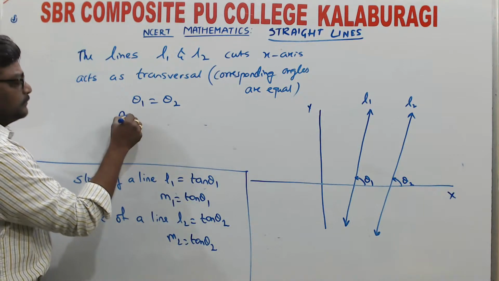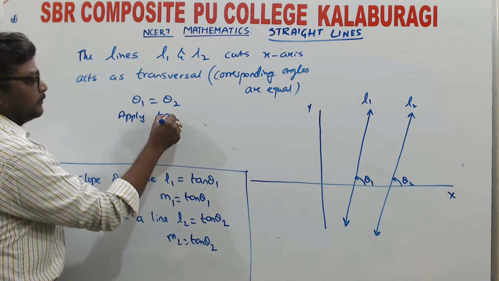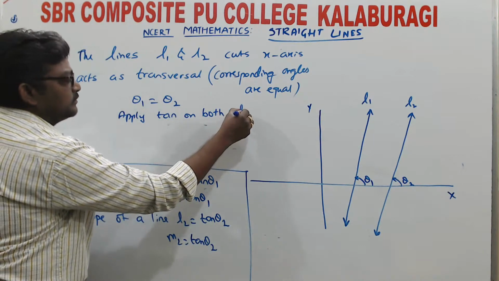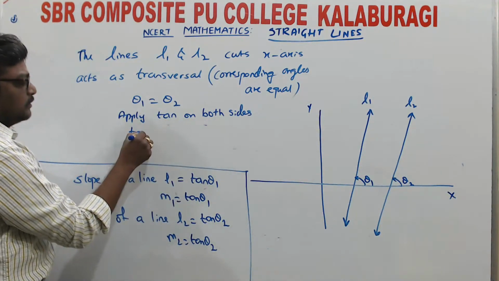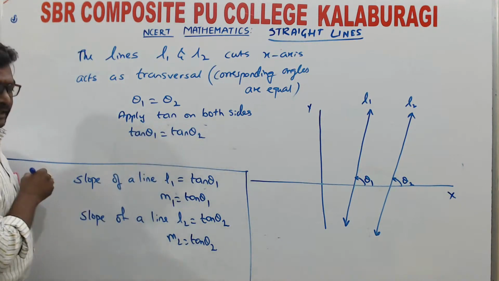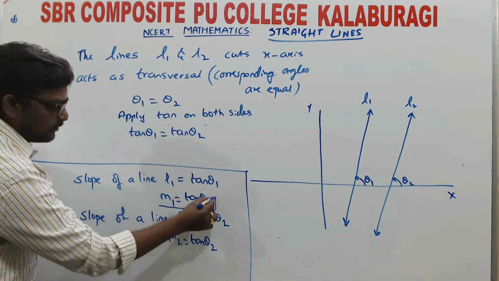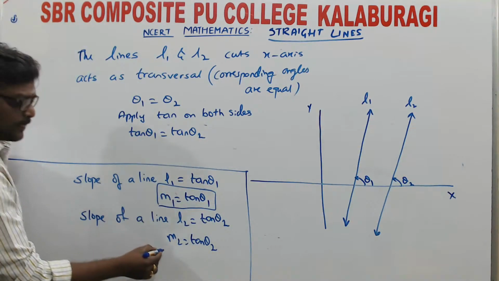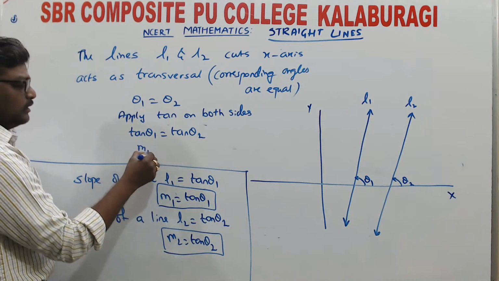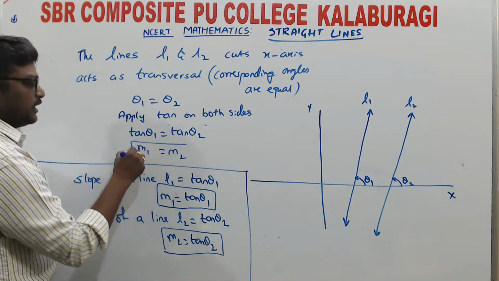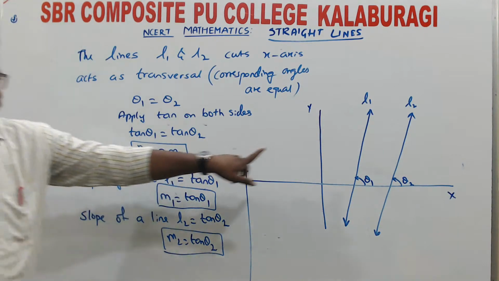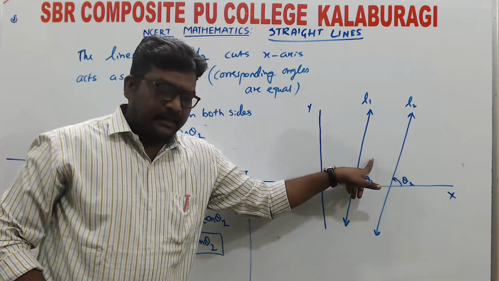Now apply tan on both sides: tan theta 1 equals tan theta 2. Tan theta 1 we have taken as slope m1, and tan theta 2 as slope m2. Therefore m1 equals m2. Therefore their slopes are equal when the lines are parallel.